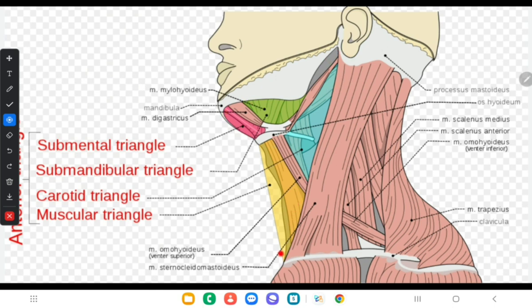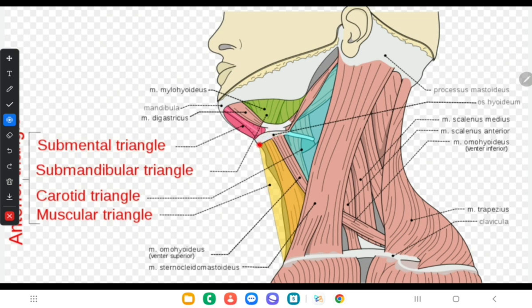This anterior triangle of the neck is divided into four other subtypes: the submental triangle here, the submandibular triangle, then the carotid triangle and the muscular triangle. This is the hyoid bone.